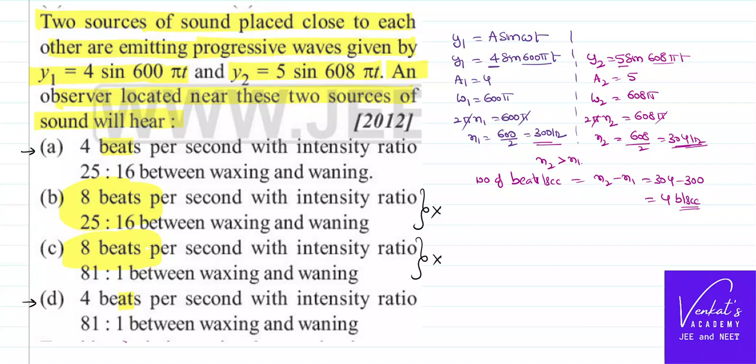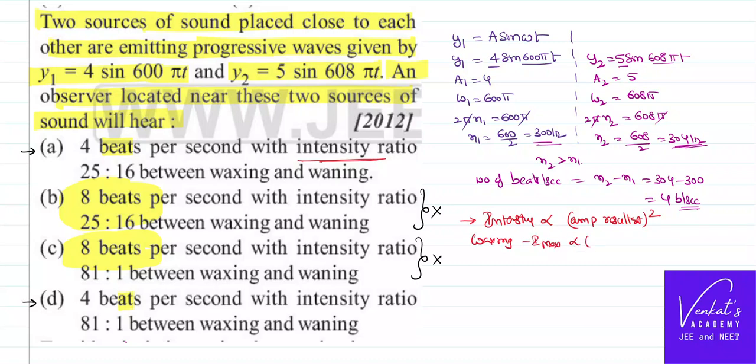Now let us see what's the next thing that he is looking for. It is the intensity ratio between waxing and waning. So I want to explain something about intensity. Intensity is directly proportional to the resultant amplitude whole square. Waxing means intensity is maximum.